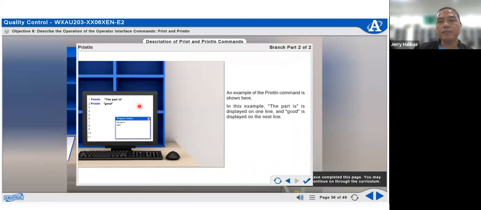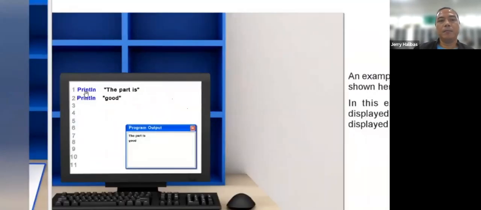Okay, so we go now to print and print line. Check the difference. So we say print ln or print line. That is a string. The part is, in double quotes, then print line, double quote. Good, no? If you want to put them in one phrase, the part is good.